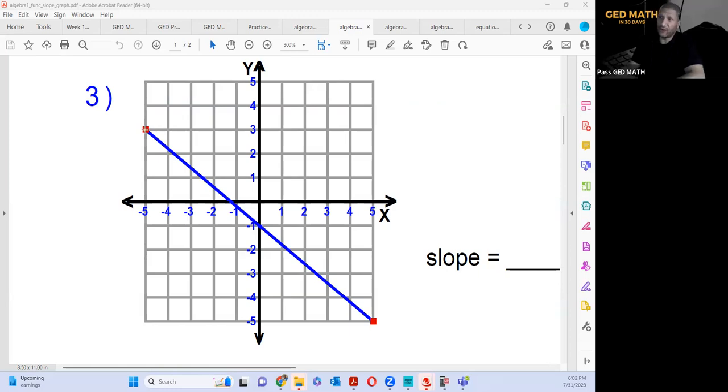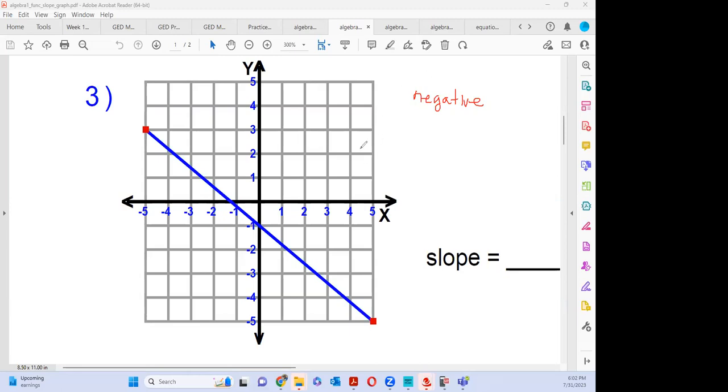So this is the leftmost point. What direction is it going? Down. So that makes the slope negative. From left to right, if it's going down, it's negative. If it's going up, it's positive. So we know the slope is negative. If you had multiple choice, anything with a positive slope, you could get rid of.